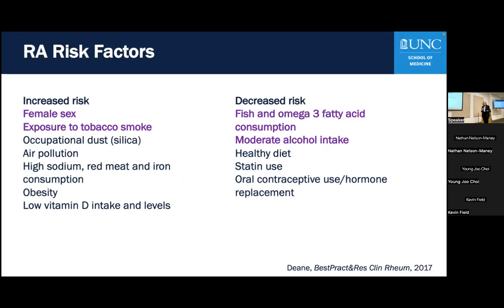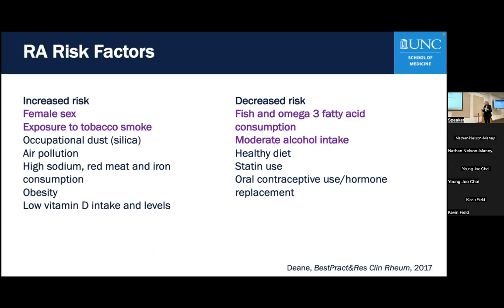So what are the risk factors? Who is going to develop rheumatoid arthritis? And there's some controversy about some of these. And the ones that I've put in purple are the ones that I think are very well established. So women more likely than men. Exposure to tobacco. So if there was not another good reason to stop smoking, here's another one, right?